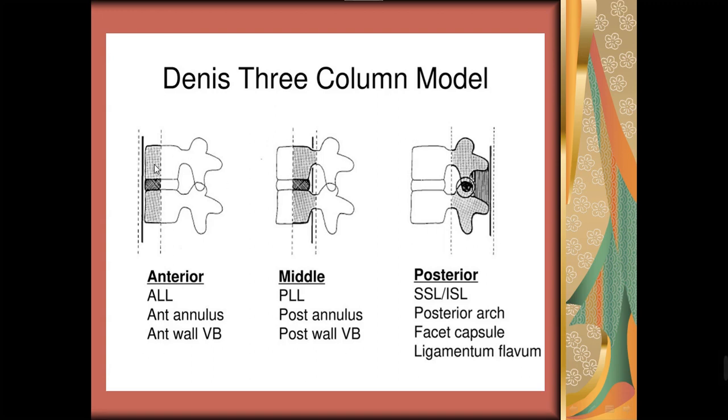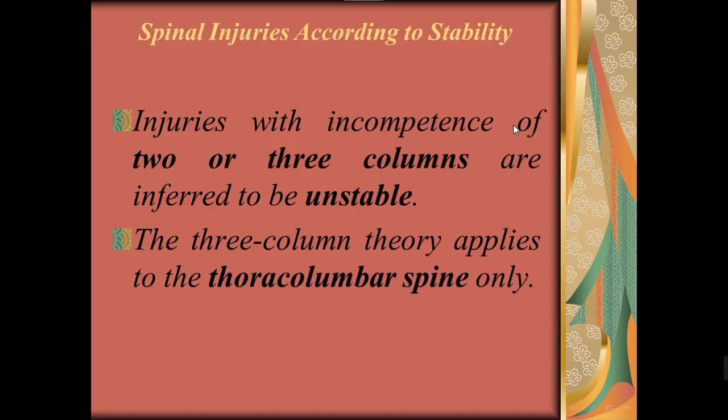Two columns, whether anterior plus the middle, posterior plus the middle, or anterior, middle, and posterior, is called an unstable fracture. So injuries with incompetence of two or three columns are referred to as unstable. The three-column theory applies to the thoracolumbar spine only or mainly.